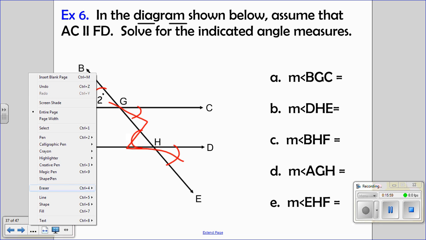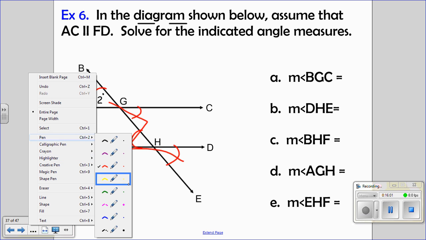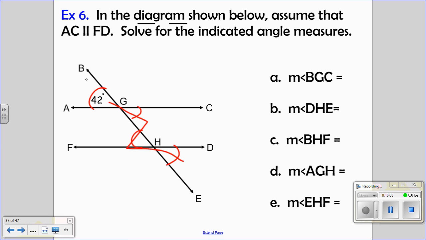Now, I know that BGA and BGC are a linear pair, so they should add together to equal 180 degrees. So simply take 42 from 180 and you'll find out BGC. That would give us 138 here.